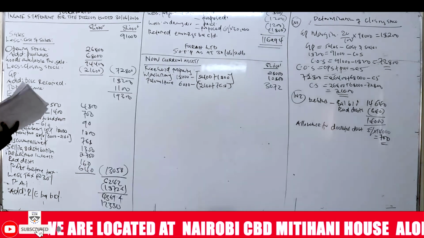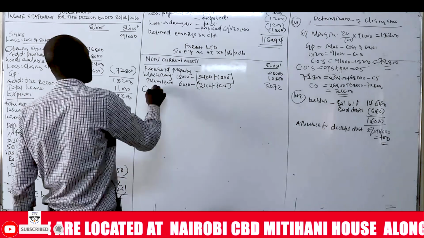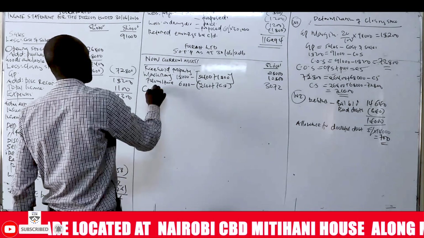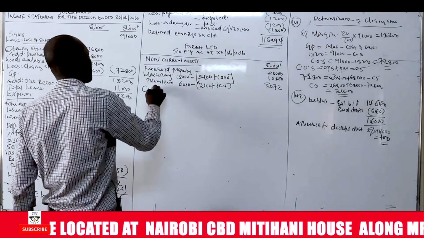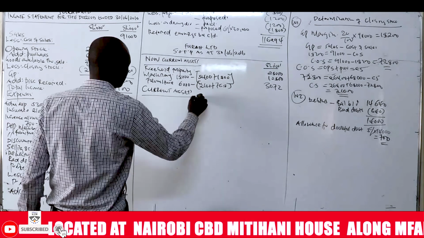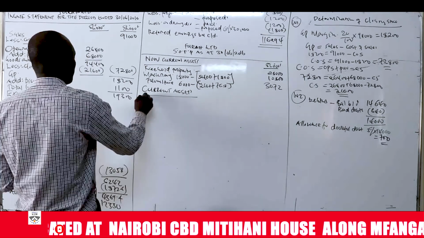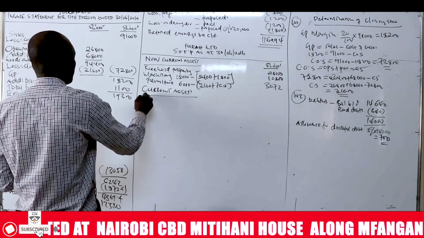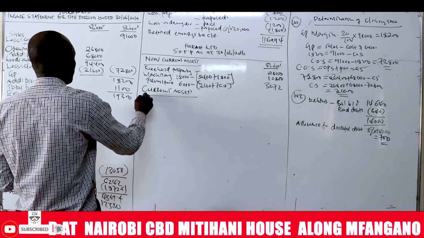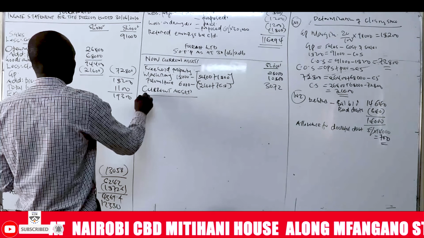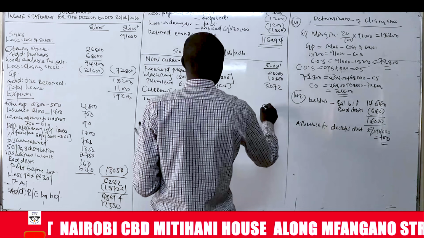Then we have current assets. We have inventory. How much is the value of inventory? Closing inventory. Inventory is how much? 21,600. And then we have trade receivables.